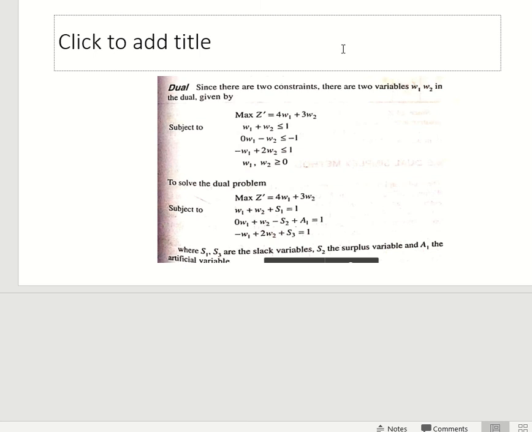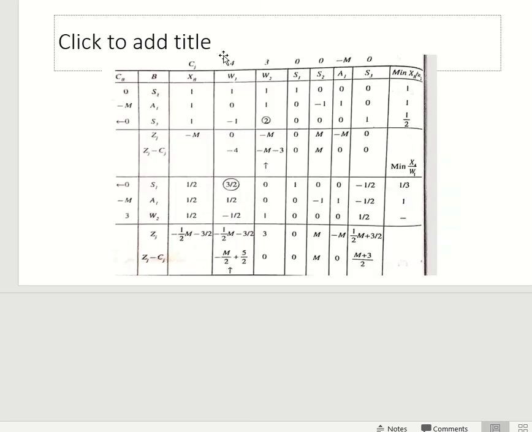First look into this part: 1 1 1 0 0 0. Now this is XB, and here we have chosen S1, A1 and S3. Now write the coefficient of S1. S1 coefficient is 0. Next S3 coefficient also 0, but for A1 it is minus M.